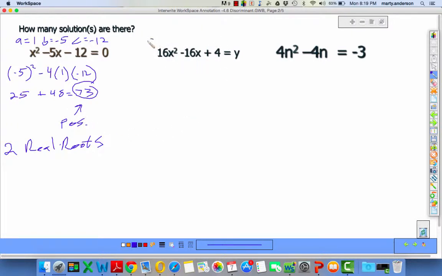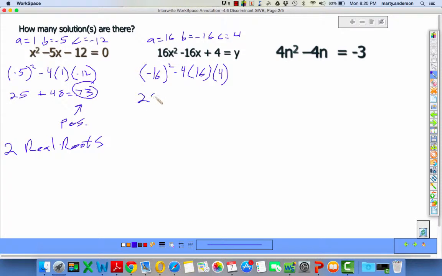Next one, a is 16, b is negative 16, c is 4. This would be one where they're asking us to find the roots of the equation. This one you're looking for the zeros. Zeros and roots are the same thing. B squared minus 4ac.